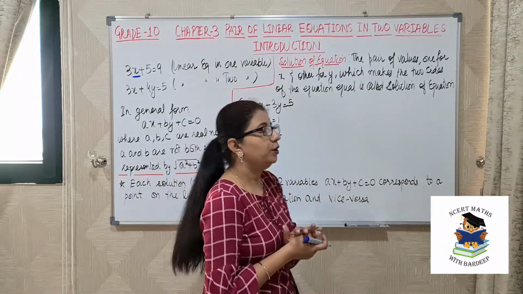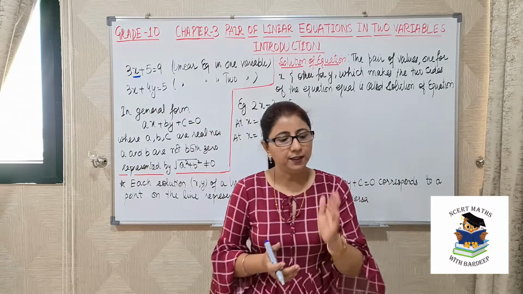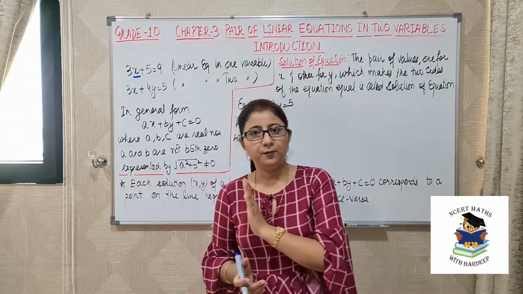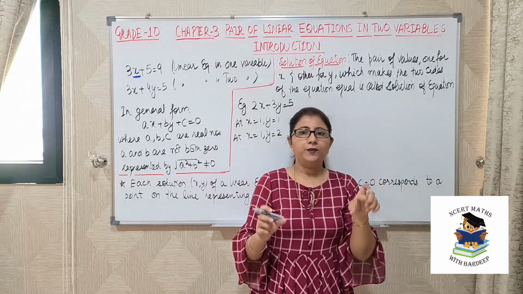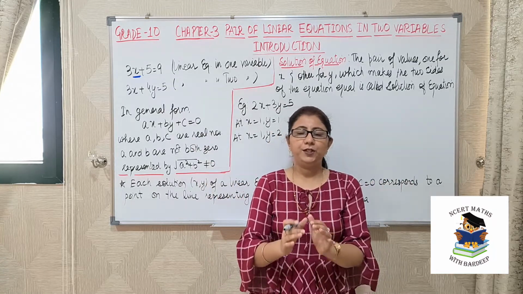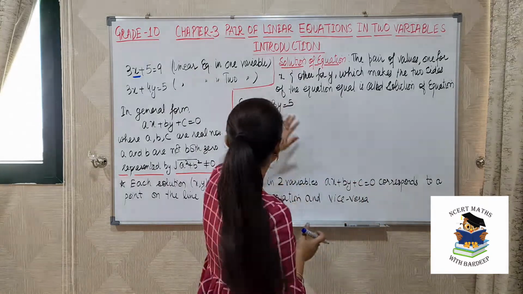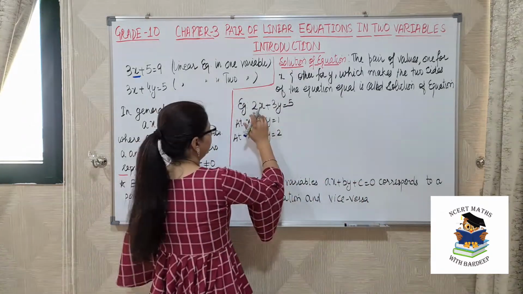Because now in this chapter we are considering linear equations in two variables, we need one value of x and one value of y, that we put together in our equation, and left hand side is equal to right hand side. Let's take an example.